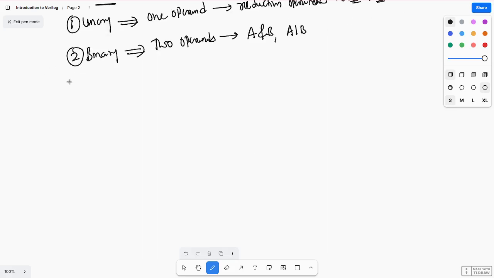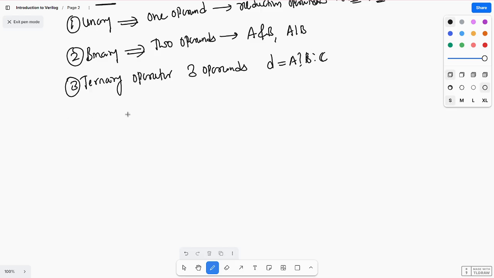And the ternary operator. Ternary operator means three operands. For example, D equal to A, B, otherwise C. We already saw this in the 2 cross 1 mux.